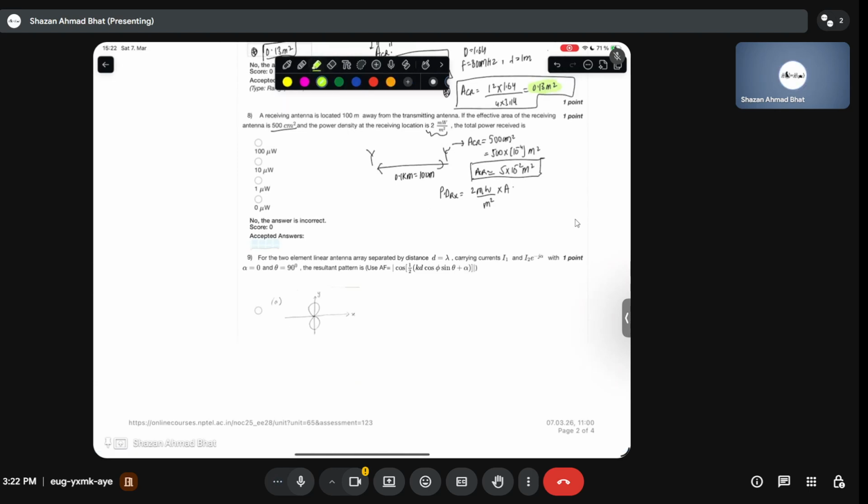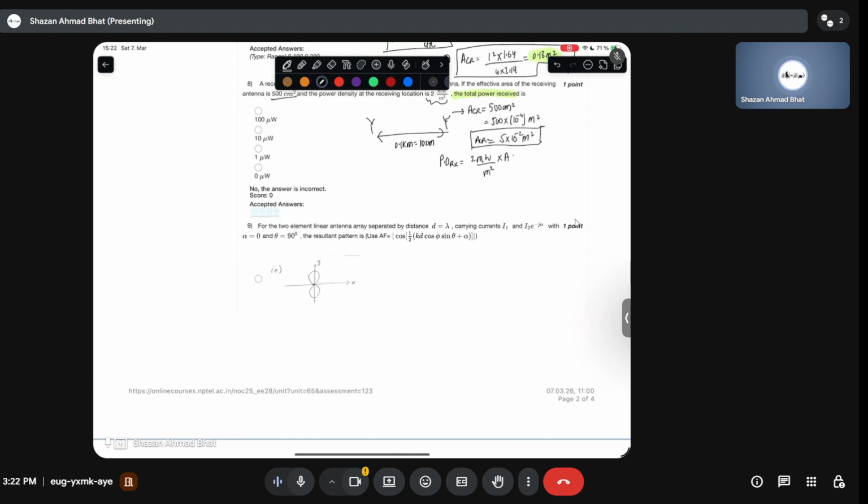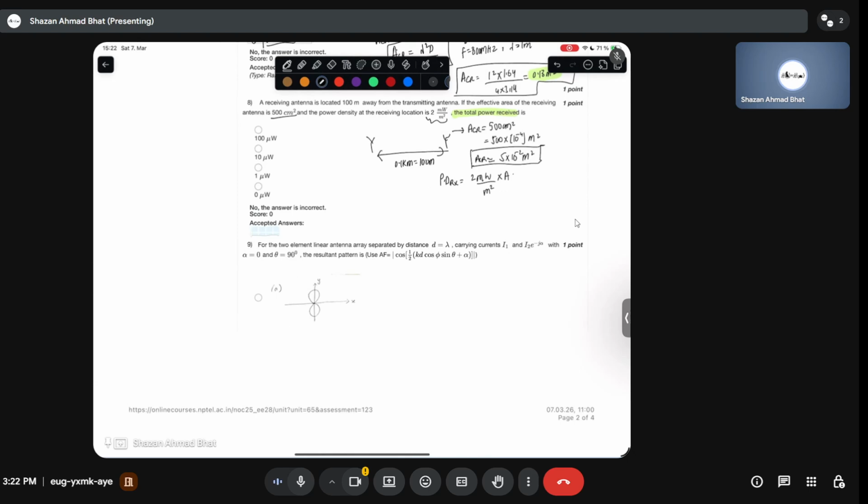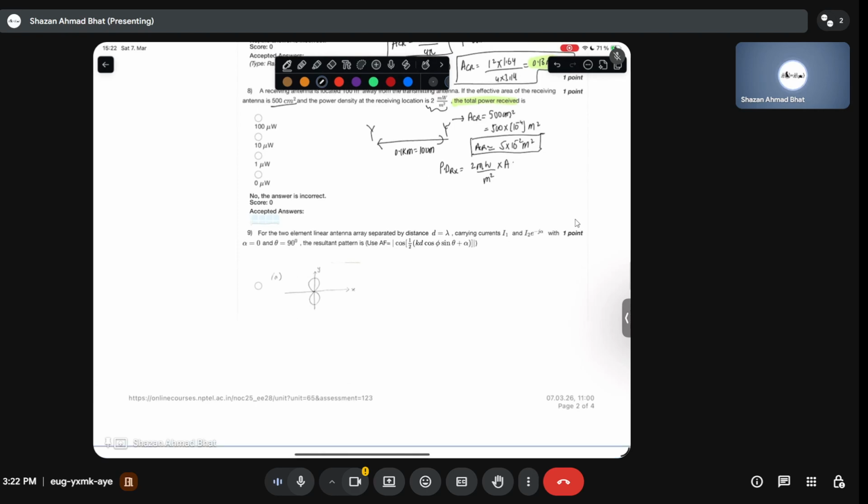The total received power. That's pretty easy, because if you have the power density and you multiply it with the effective cross section, which is 5 into 10 to the power minus 2, you get the received power. Meter squared will cancel.